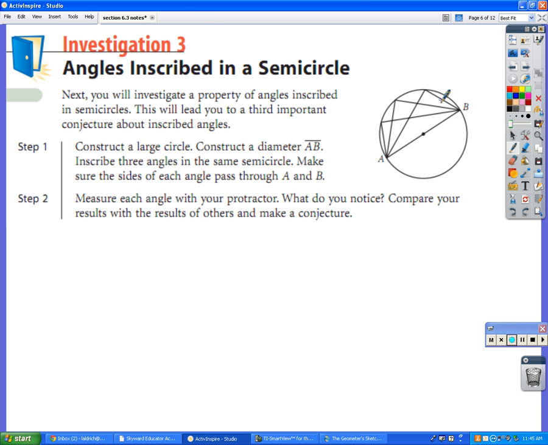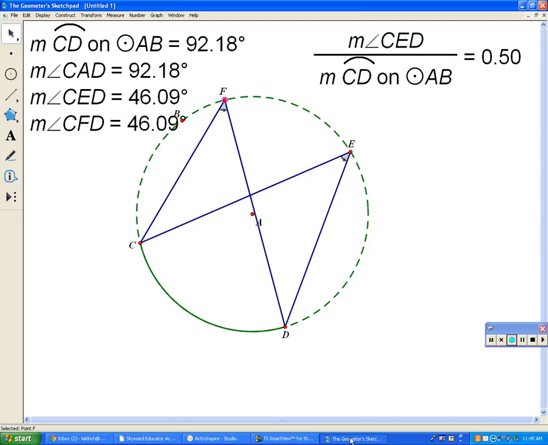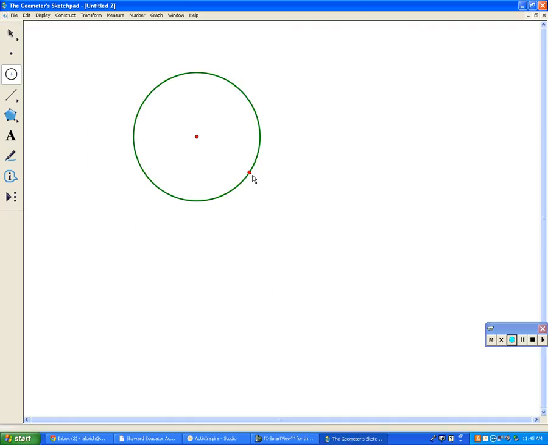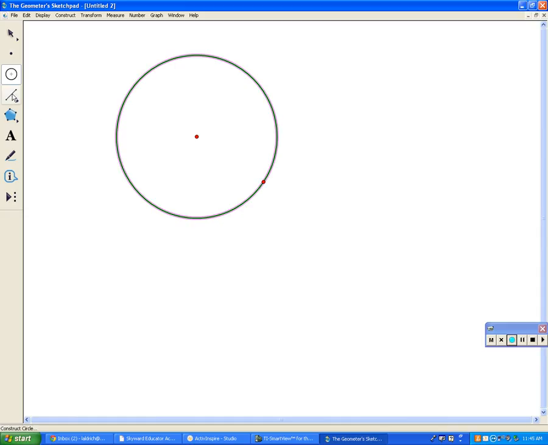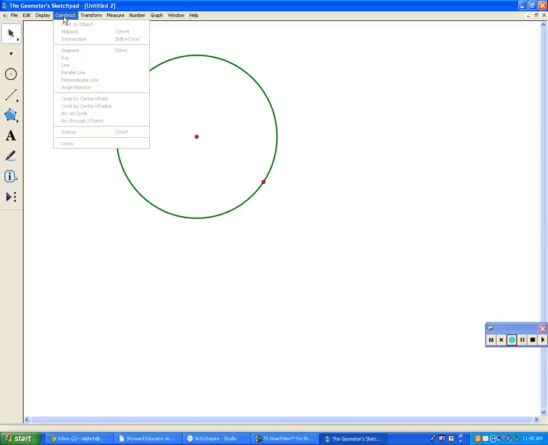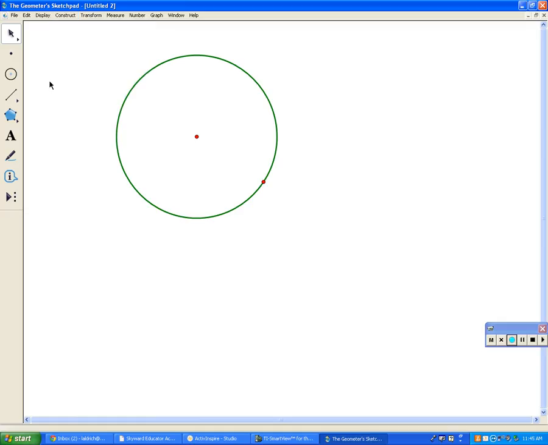And so what that means is anytime you have a circle and you have a diameter of that circle... Can I construct a diameter? I cannot construct a diameter. Oh, never mind.